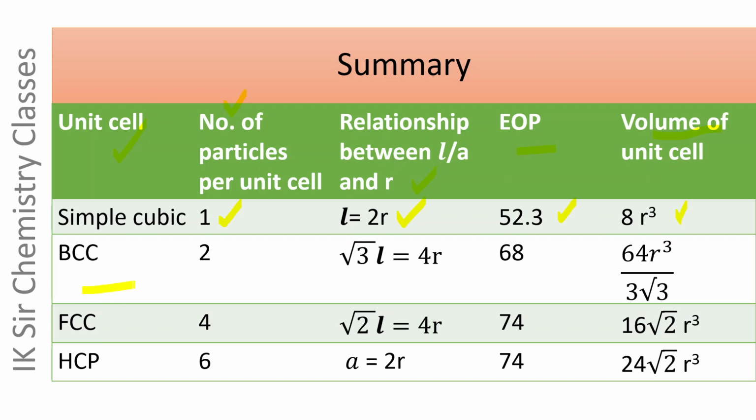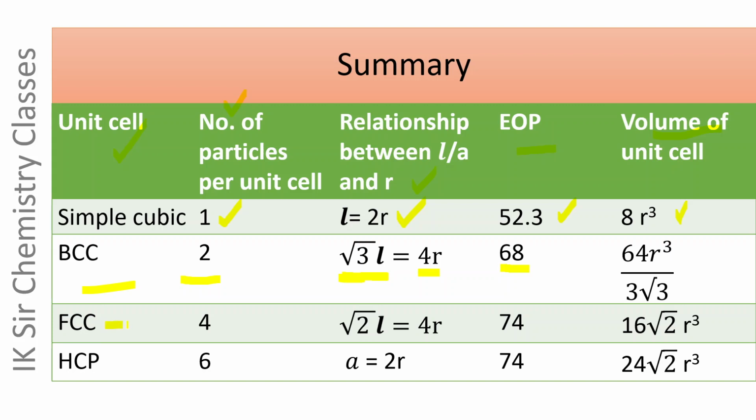In BCC unit cell, there are two particles, under root 3L, that is body diagonal, is equal to 4R. The efficiency of packing is 68%, and the volume of BCC unit cell is equal to 64R cube divided by 3 under root 3.